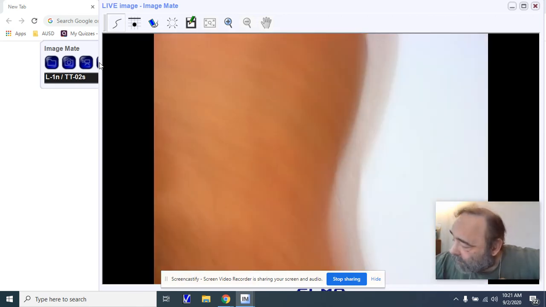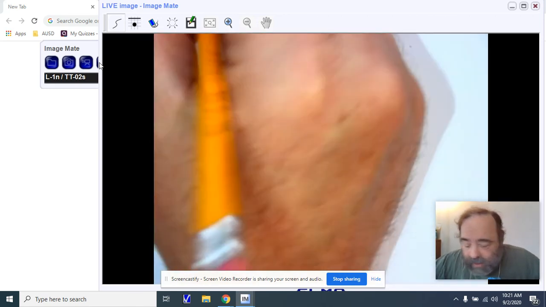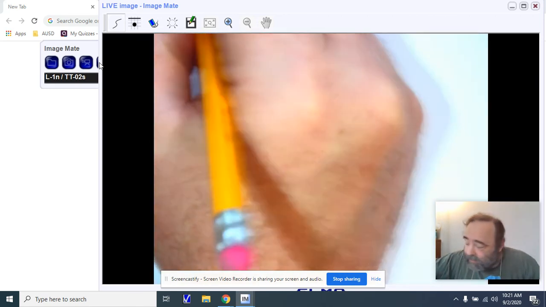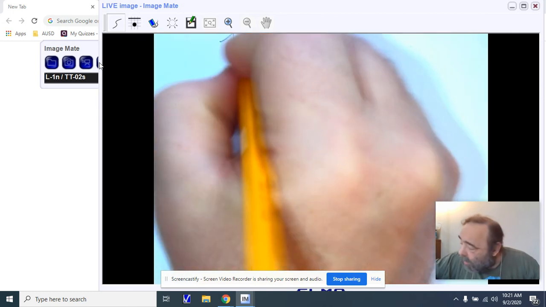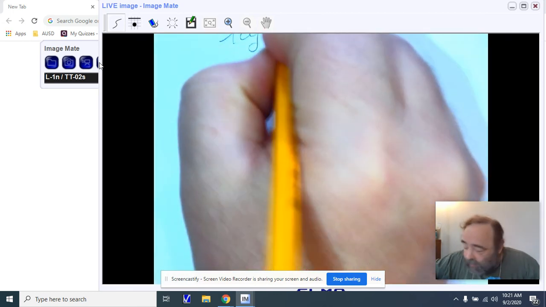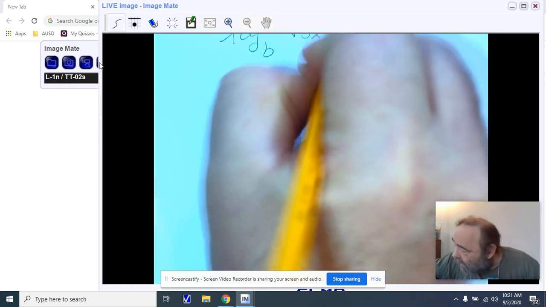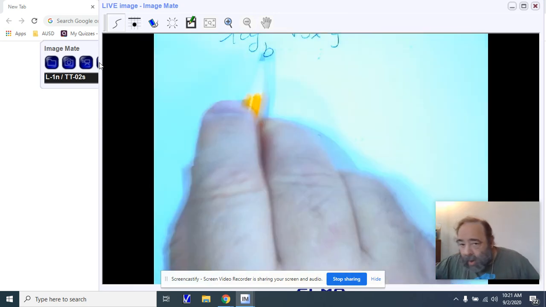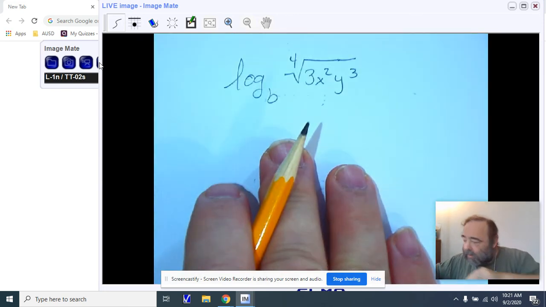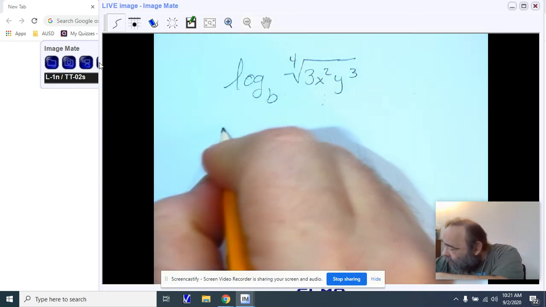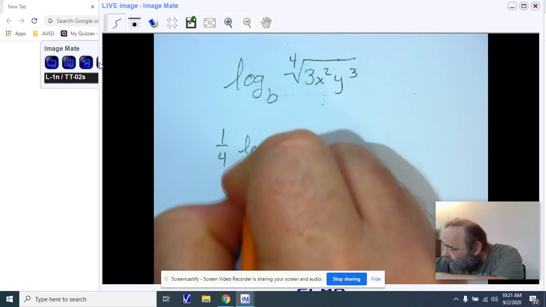Expanding is going to now follow the reverse process. So if I take log base b of the 4th root of 3x squared y cubed, notice that all of these have the 1/4 power. So I'm going to take that 1/4 and I'm going to move it out to the front.